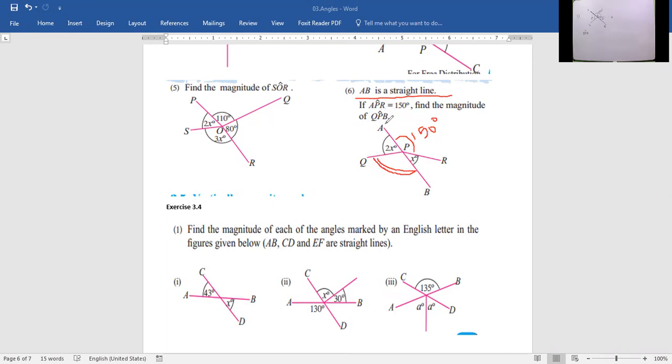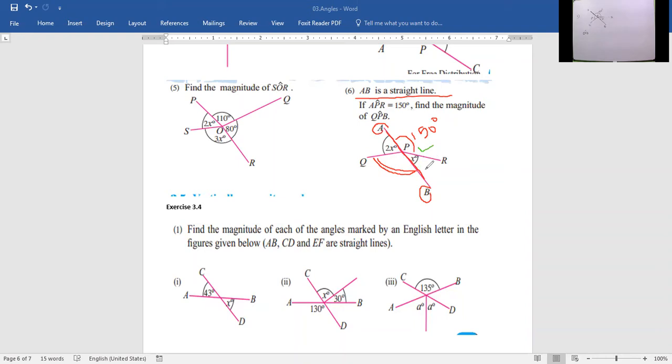What is this angle? They are saying AB is a straight line. So when you hear the word straight line, you need to get the idea that here to here it is 180, and on this side also it is 180, because AB is a straight line, and you can find adjacent angles also.